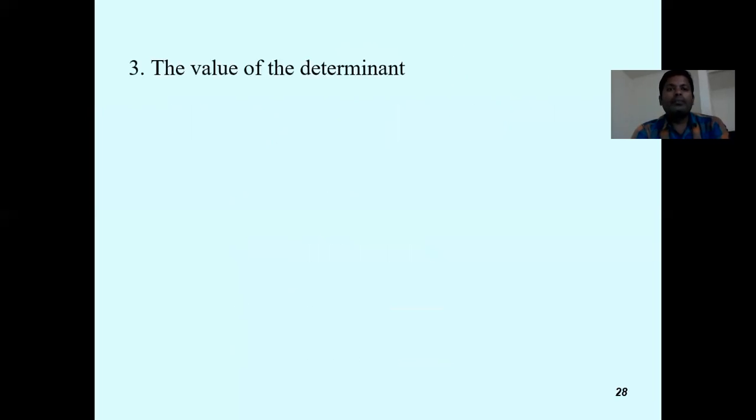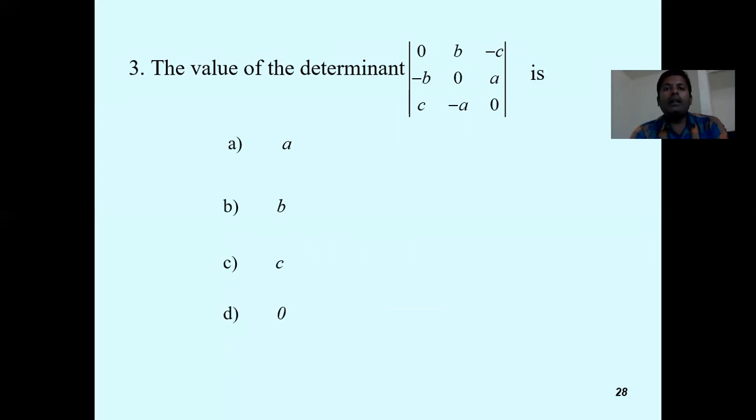Third question. The value of the determinant 0, c, minus b; minus c, 0, a; b, minus a, 0 is: first option A, second option B, third option C, and D is 0. How can we find this one? Using the determinant formula. 0 multiplied by the minor of the element, where the corresponding row and column are neglected, and the remaining we write: 0, a, minus a, 0.